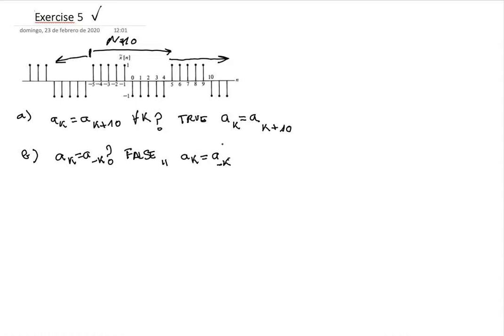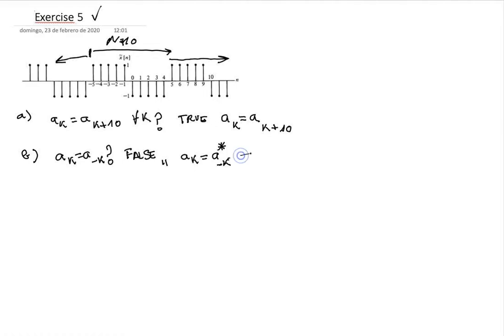Really, the property holds when we take the complex conjugate of a sub k. So it's true that there is a relationship between a sub k and a sub minus k, but the relationship is not equality, but is complex conjugate.